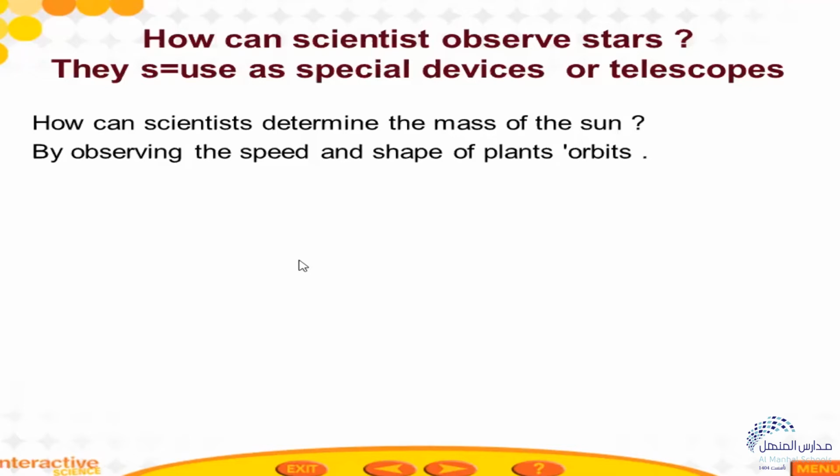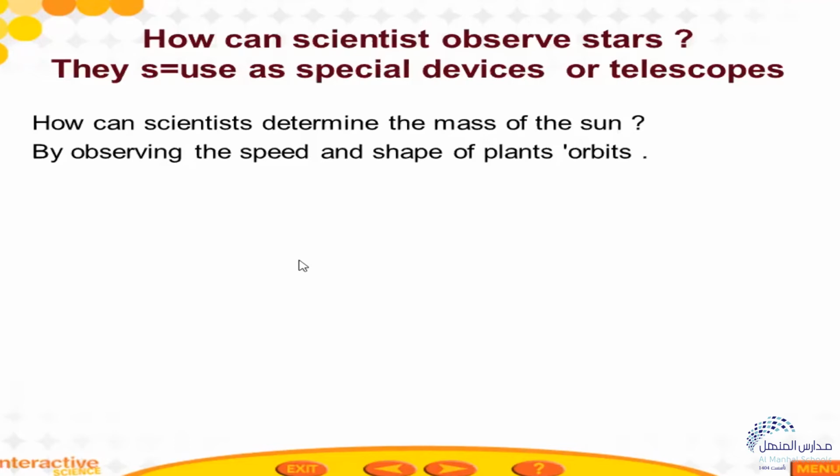What about the mass of the sun? Can we go to the sun to estimate its mass? Of course not. It's not allowed because the sun emits many waves and particles that are very dangerous for us. So how can scientists determine the mass of the sun? Scientists succeeded in determining the mass of the sun by studying and observing the speed and the shape of our planets' orbits.